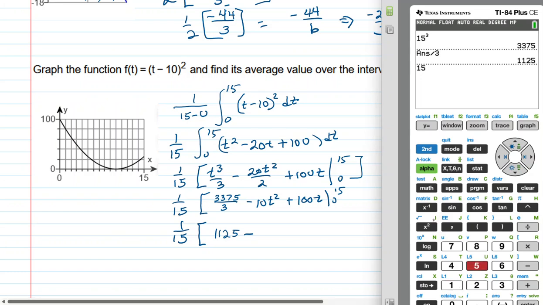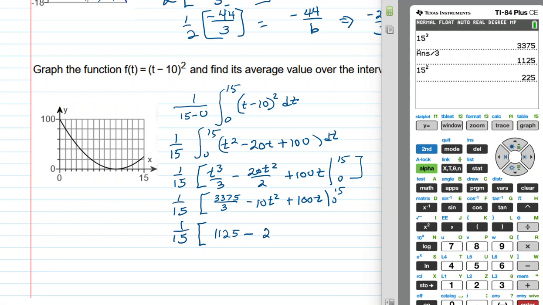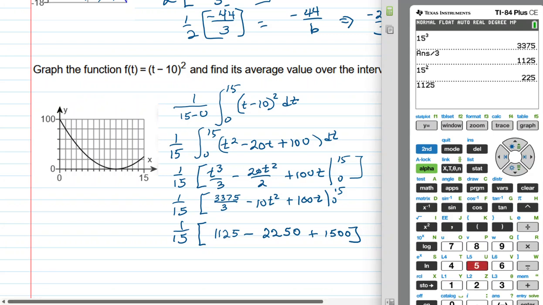I don't know. 225 times, plus, and that's 1500. So I'm going to enter that in the calculator. 375.